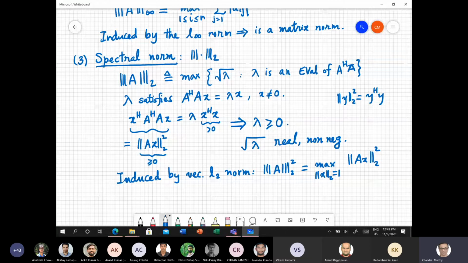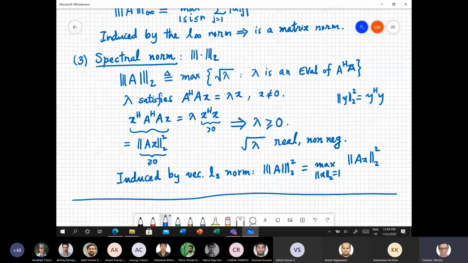Okay, so this is the spectral norm. So these are the three examples I wanted to discuss about induced norms: the maximum column sum norm, the maximum row sum norm, and the spectral norm.